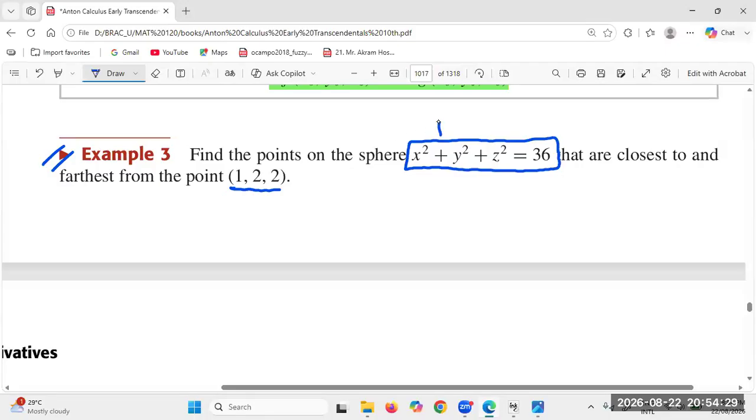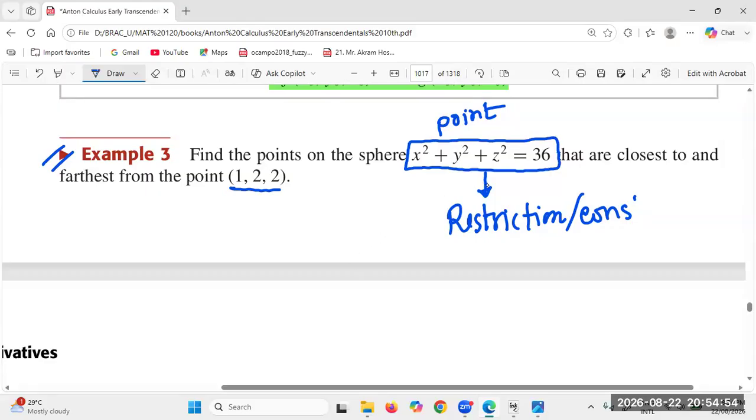So we need to find the point on this sphere. So this is our restriction, our constraint, because we cannot choose just any values of x, y and z. We need to choose the values of x, y, z from the sphere. That's why this is our restriction.